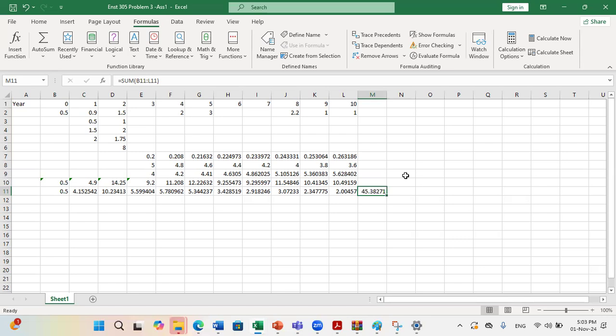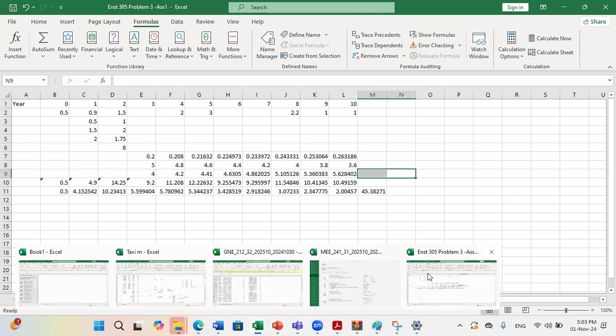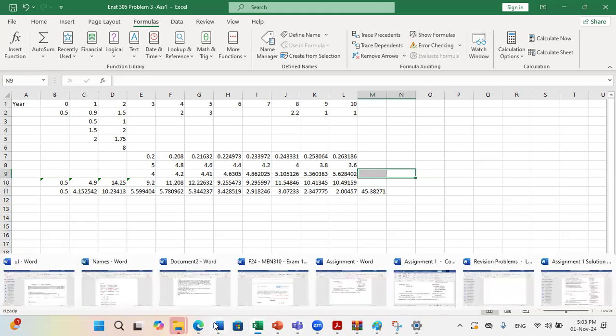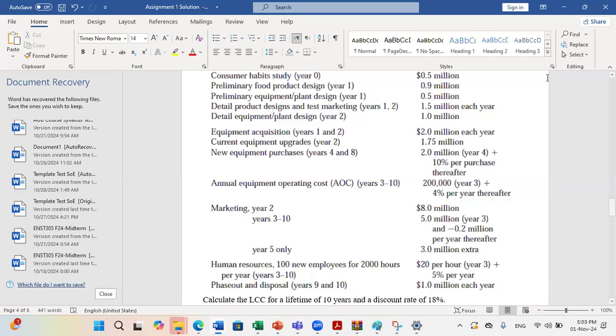Another technique is to consider for each cost, okay, to take it back to present. And here we can use the formulas that we developed together in the course material. And for example, if you go back to our given, okay, so here, as we said, whenever you have, let's say for year 1 and 2, you do summation.